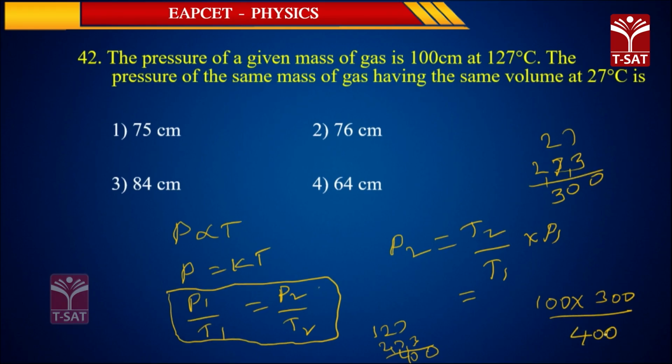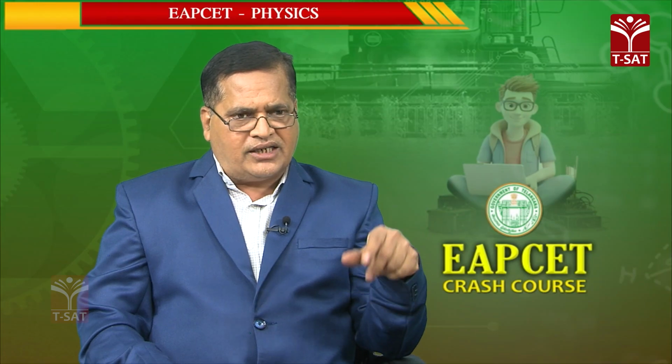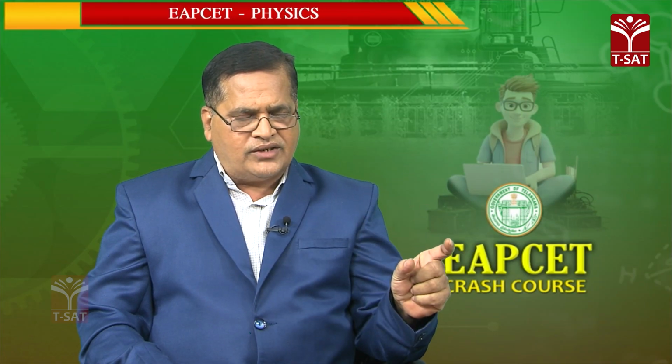The zeros cancel, and 100 into 300 by 4, 300 by 4 is equal to 75. 75 students. Therefore, here the pressure is 75. See that answer. If two different pressure values and temperature values are given, you find out the other pressure value.